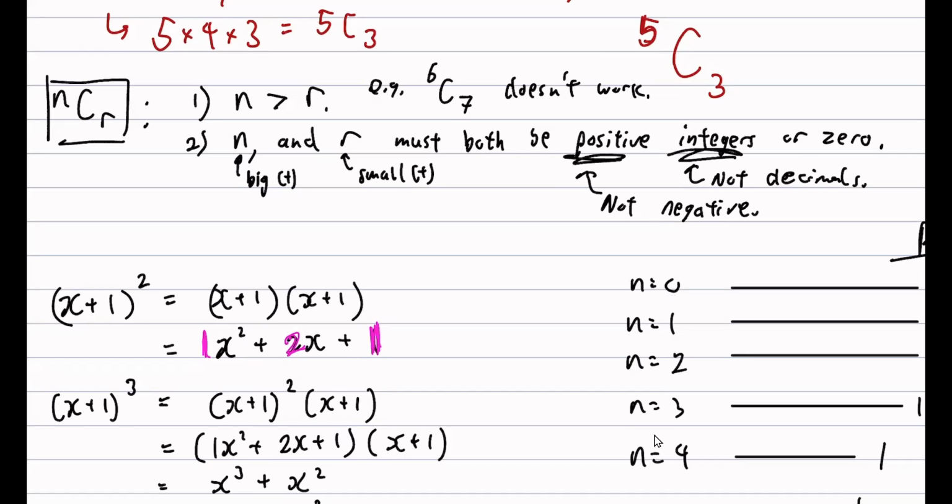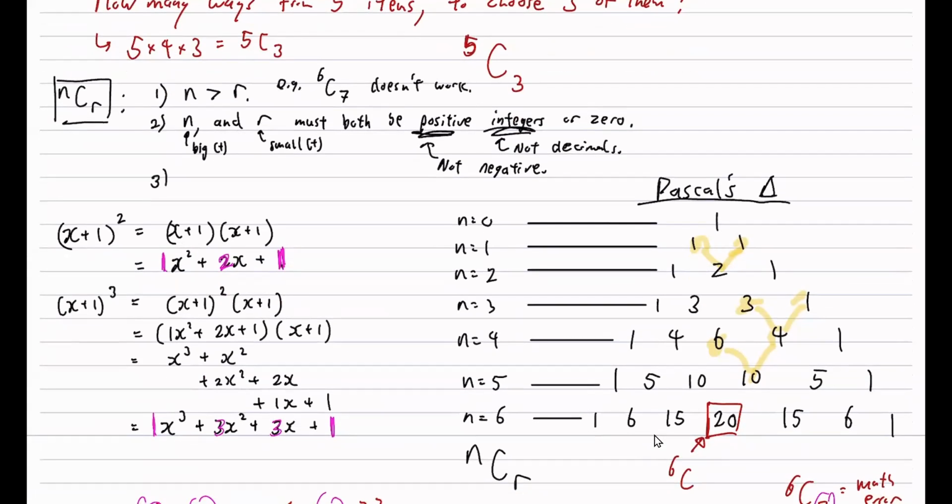And you also realize the more important point: the binomial coefficients, which are also the same as the terms in the Pascal triangle.